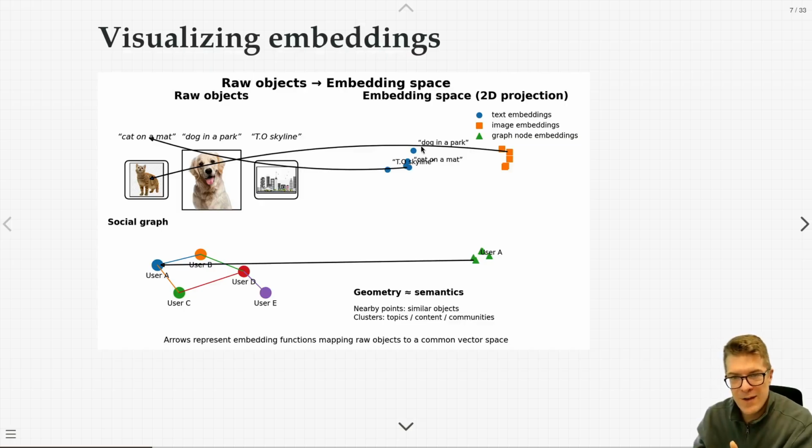What I tried to convey here is that dog in a park and cat on a mat are similar to each other in some sense. They're in the same cluster compared to the Toronto skyline, which is a bit off to the side over here. So the embeddings of each of these bits of text will map onto points in space in this little collection of blue dots over here.